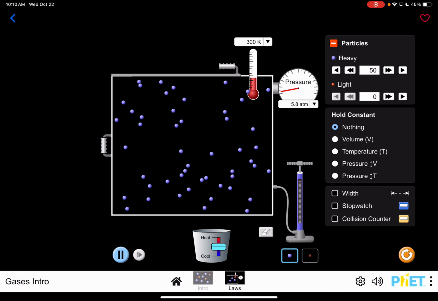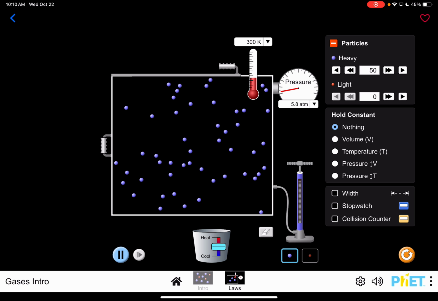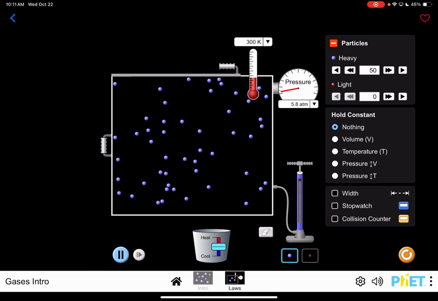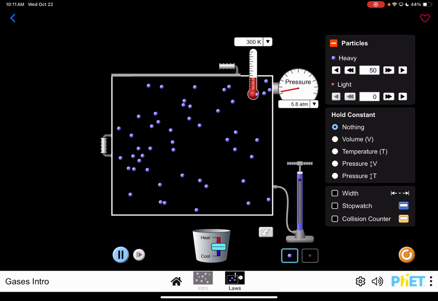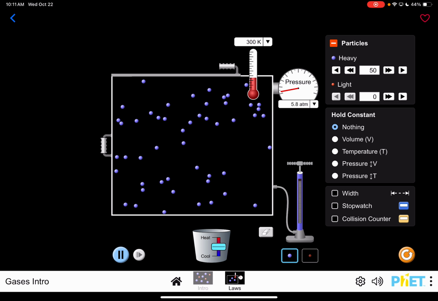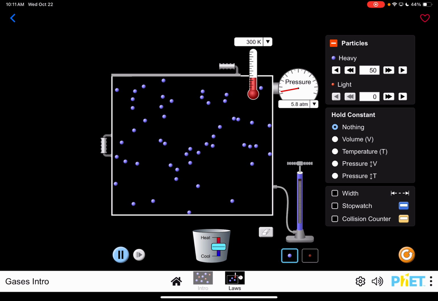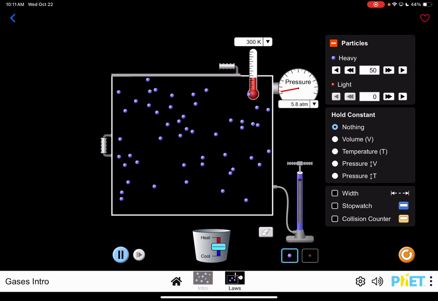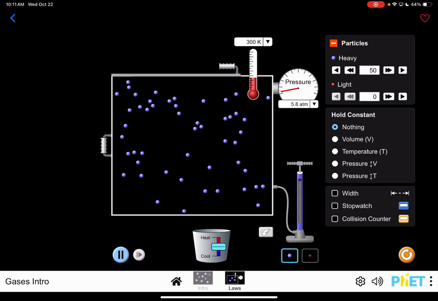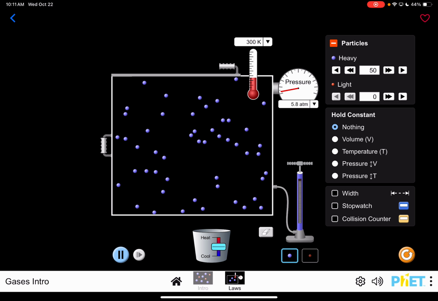Okay, so when we talk about gas particles and pressure, it's still force over area. It's just not the force of a whole thing. It's the force of individual particles, and the area that they're pressing on is the size of the container. Okay, so let me say that one more time in a different way. The pressure of a gas is how often those particles that are bumping around hit the sides of the container.